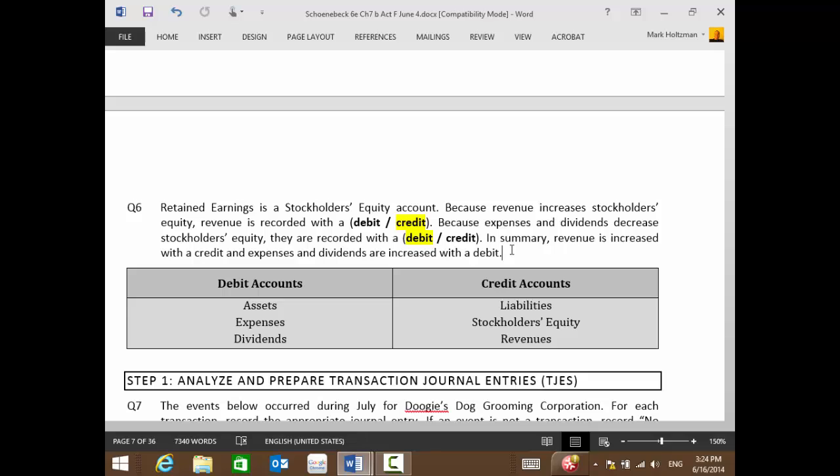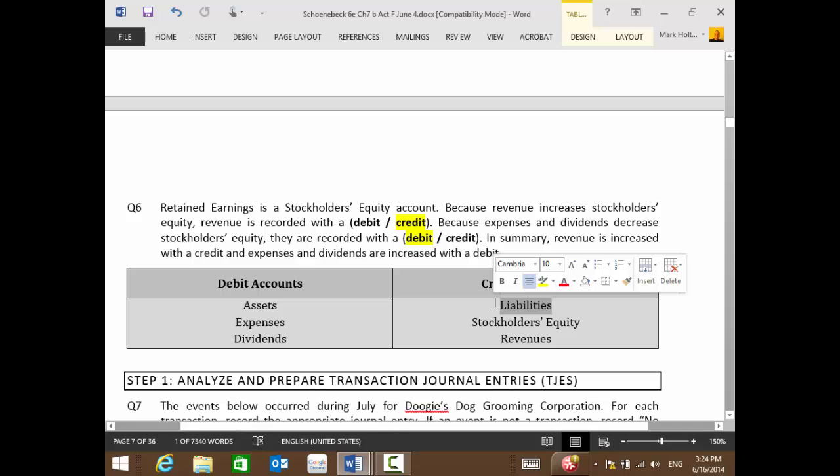So if I have $1,000 in my bank account, the bank has a $1,000 liability to me. Therefore, that's a credit account. So when they credit my account, it increases. When I debit my account with my debit card, what happens to my bank balance?